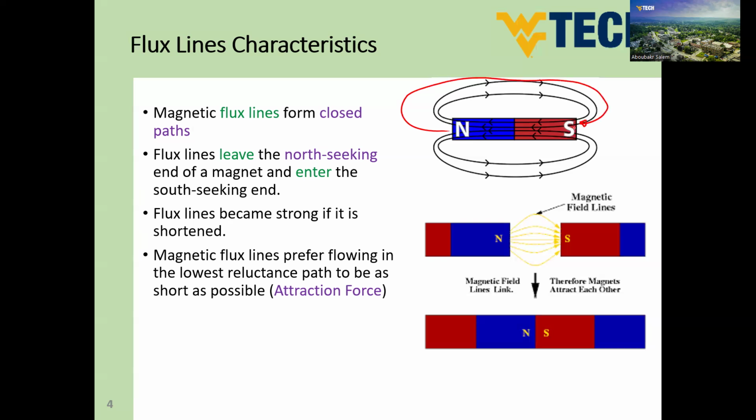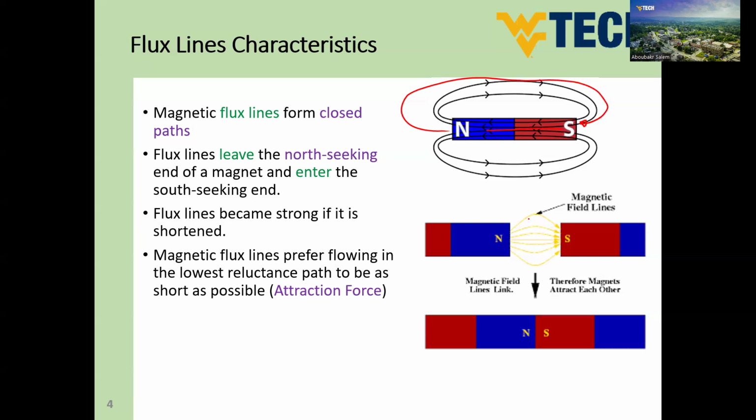And inside the magnet itself, it will move from S to N. So it's like electricity, guys. If the current is flowing, it has to flow in a circle, in a closed circuit path. The same is here. Any magnetic flux lines have to flow in closed paths, as you can see here, guys.